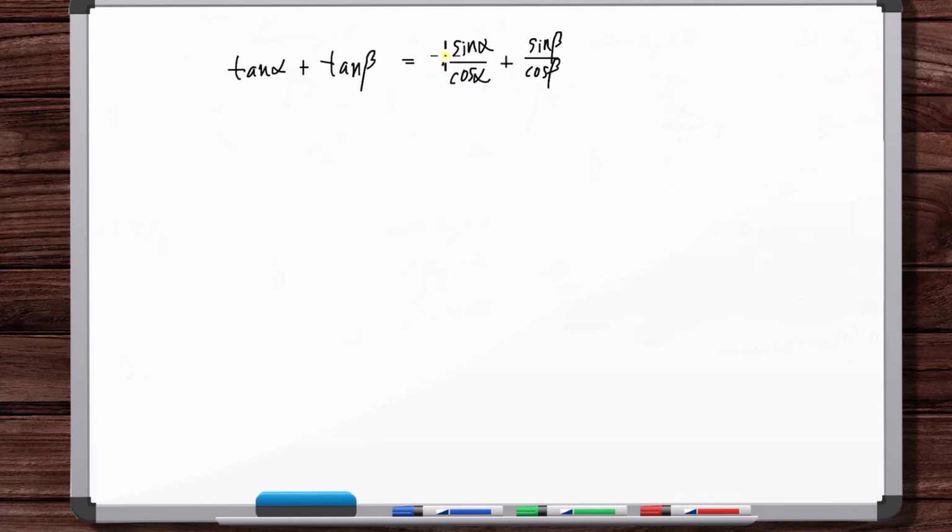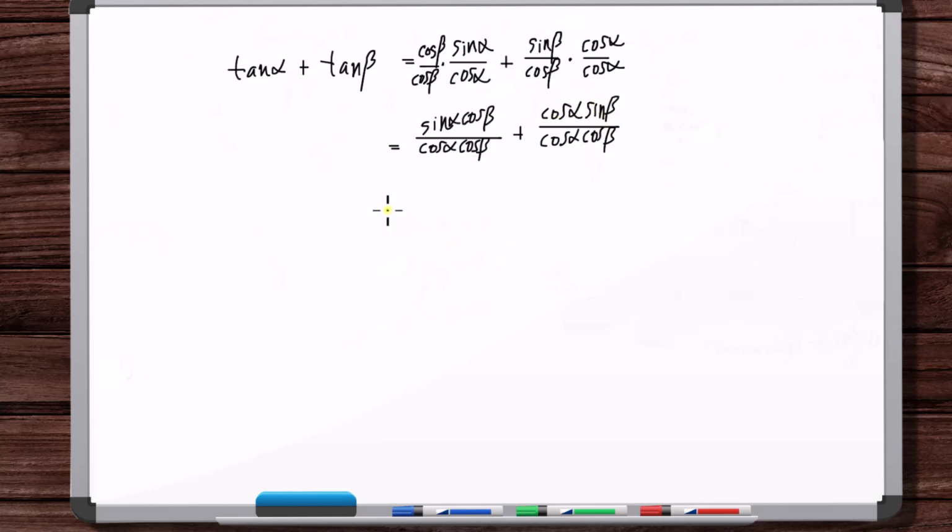All right. Now let's create a common denominator: multiply this by cosine of beta over cosine of beta, and this by cosine of alpha over cosine of alpha. So we haven't changed anything, right? And we get sine of alpha cosine of beta over cosine alpha cosine beta plus cosine alpha sine beta over cosine alpha cosine beta.